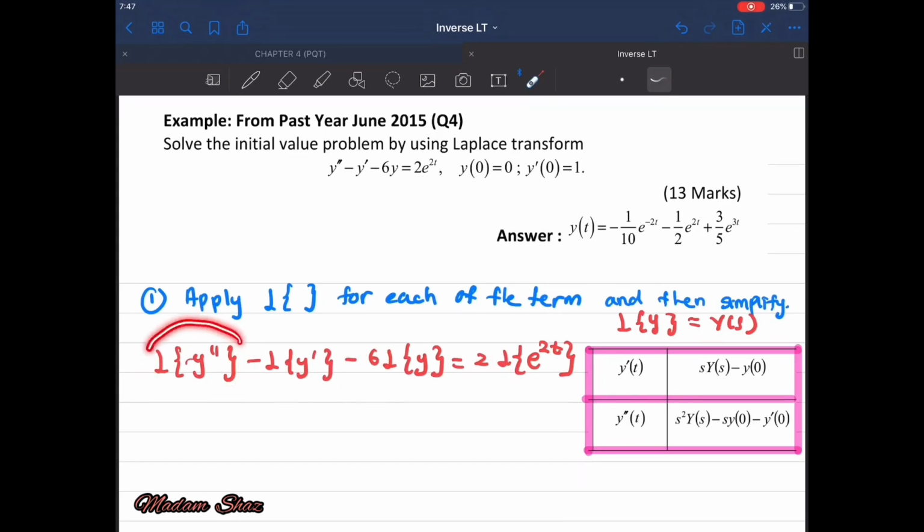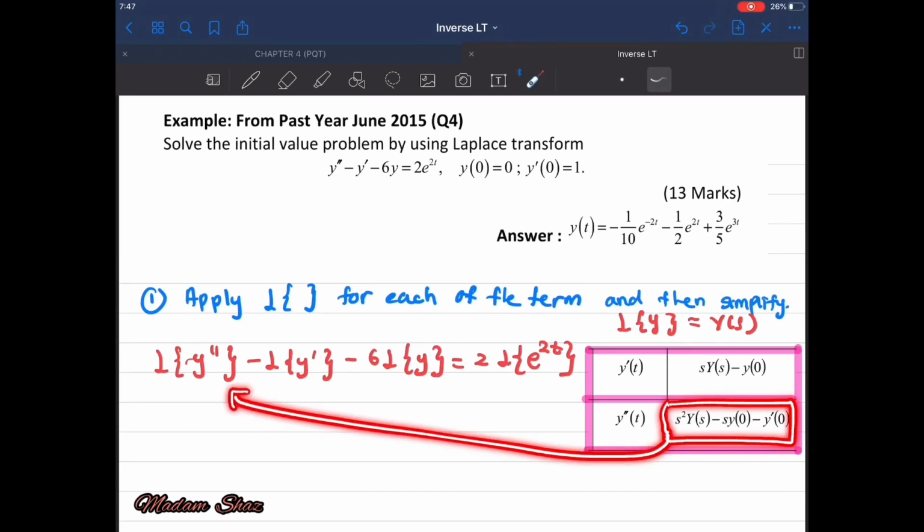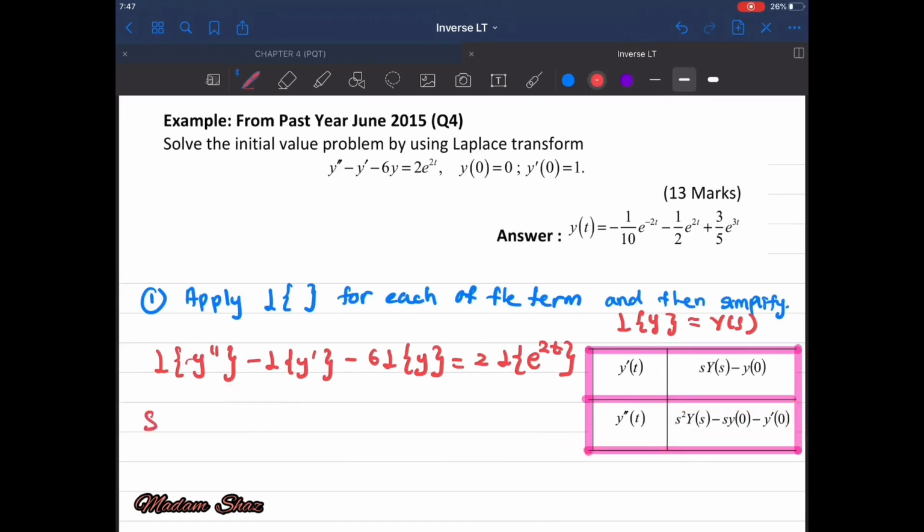Now Laplace y double prime, by referring to the table of the Laplace transform, is equal to s square Y(s) minus s y(0) minus y prime (0). So you have to substitute these things to the position of the Laplace y double prime: s square Y(s) minus s y(0) minus y prime (0).